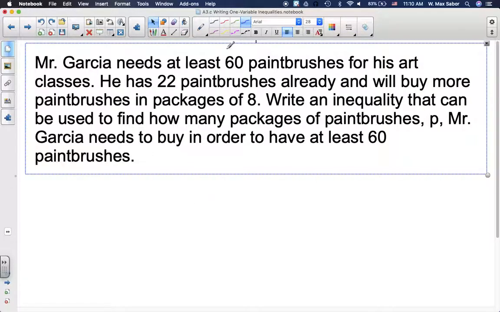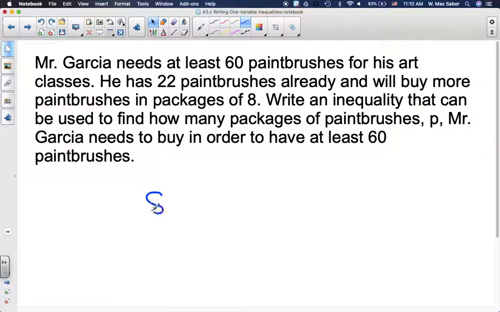Mr. Garcia needs at least 60 paintbrushes for his arts classes. He has 22 paintbrushes already and will buy more paintbrushes in packages of 8. So how many paintbrushes will he have? He will have 8 times the number of packages he buys.